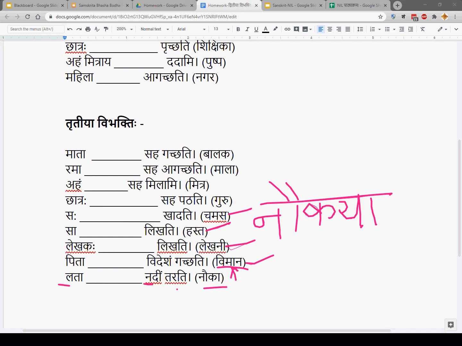Like we have seen, Uma, Rama, Lata, all the Strilinga words ending in A will have this third case ending form: Naukaya, Lataya, etc. Nauka means boat. I hope you know that. Boat or ship.